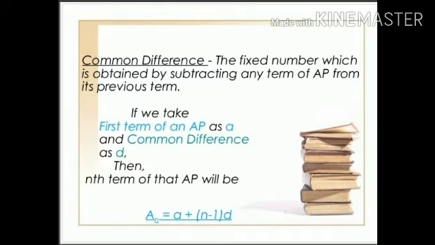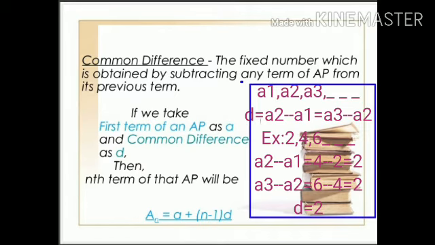Now observe the example, that is a1, a2, a3 and so on. If you want the common difference, we can write the formula like this: d equals a2 minus a1 equals a3 minus a2, that is equal to d.